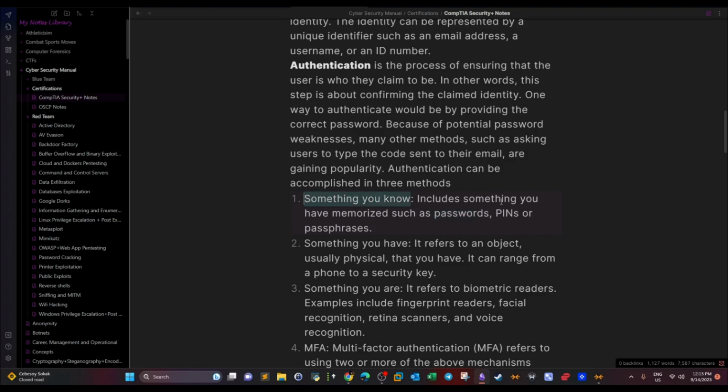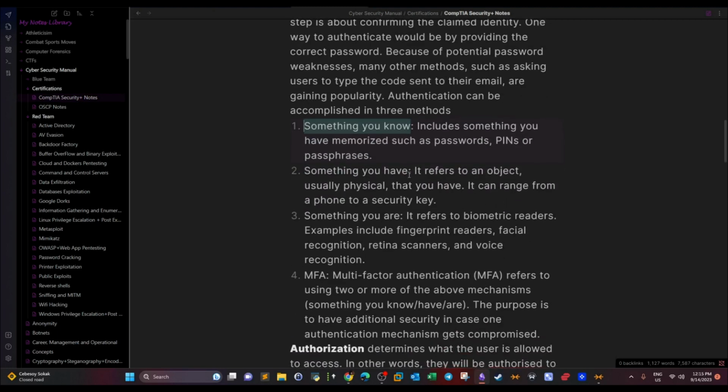Now, in other instances, you might be asked about something you have. It could be a security key here. It could be a phone. A phone has a SIM card, and the SIM card could receive an SMS that verifies who you are. So that is something you have, and something you know. And lastly, something you are.